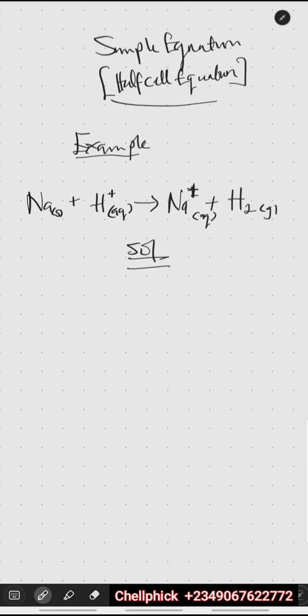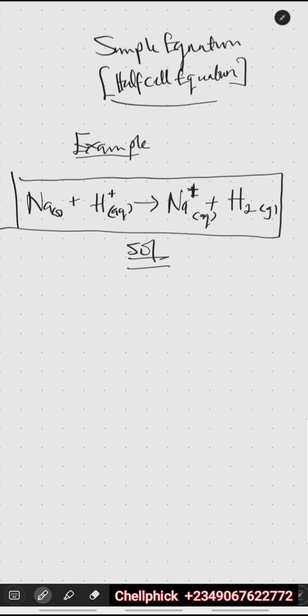Now note this, that a redox reaction is not meant to be balanced stoichiometrically. What do I mean by stoichiometrically? Imagine this particular question is given to a student to solve. Some students will think, okay, sodium plus hydrogen ion gives sodium ion plus H2.